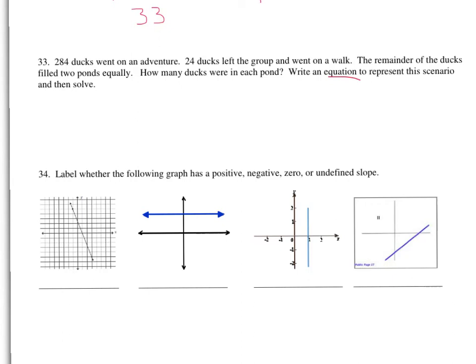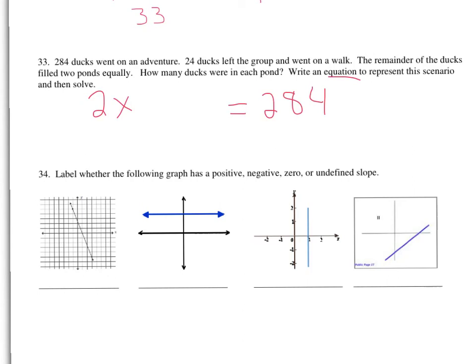So what we're going to do is we're going to write the equation saying that we had a total of 284 ducks, and now we need to find the pieces. So we had 2 ponds filled equally with ducks.